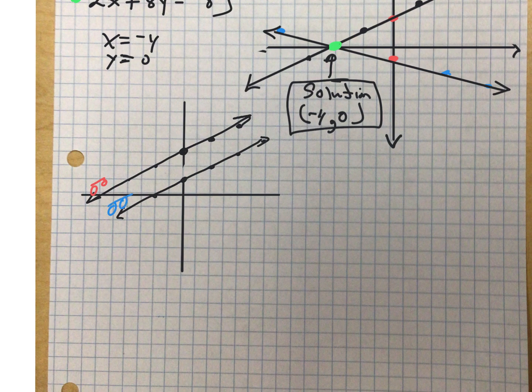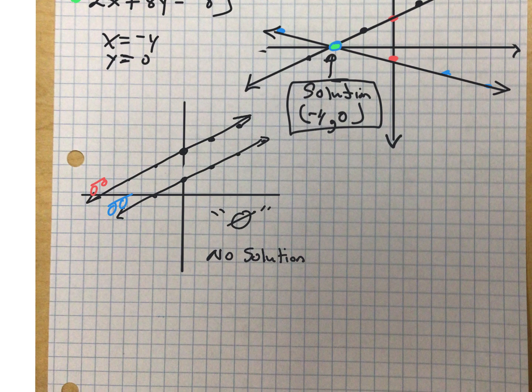Do they ever intersect? In the previous one, they crash right there, at -4, 0. But in this one, they don't crash, so there is no solution, and you can either use that symbol, or write out the words no solution. So there isn't any XY pair that would make both equations true. So that's what happens if you have parallel lines.